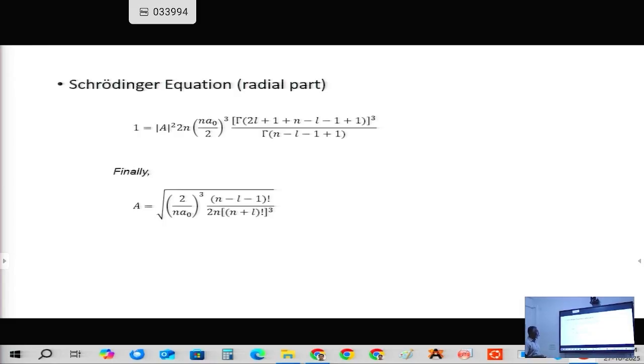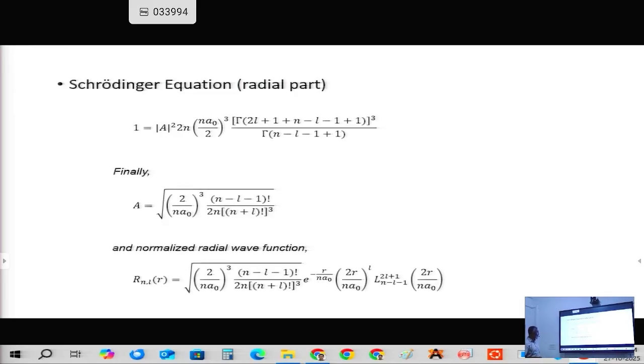All right, of course we know how to find the gamma function in terms of factorial, so that's how you have this factorial here. Then you normalize the radial function and you get this complete wave function. So this is the radial part of the wave function for the hydrogen atom.